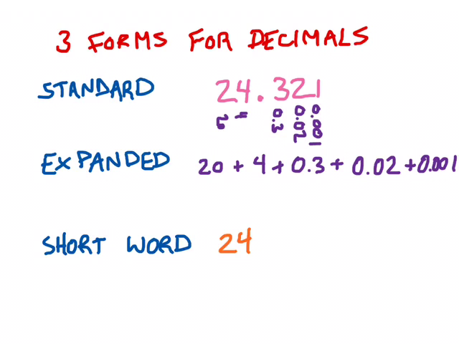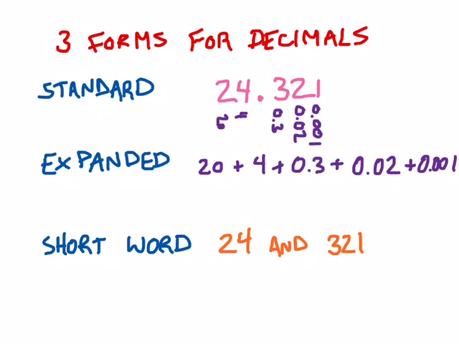And when we're speaking, the decimal is represented by the word and. So 24 and. Then we go ahead and say the stuff after the decimal as a normal number as well, 321. Finally, we mark that 321 in terms of how much it is by saying the last place name that it occupies.